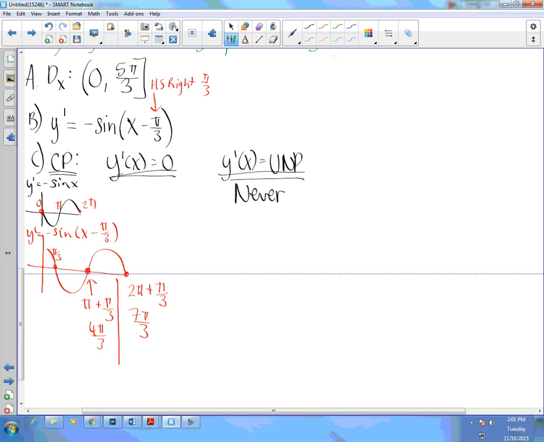And then we're looking at the interval from there to there. But are we looking all the way to 7 pi thirds? No, somewhere in here it's 5 pi thirds. Here's 4 pi thirds, 7 pi thirds, 5 pi thirds, and somewhere like right there. So how many critical points do we have? 2. Pi thirds and 4 pi thirds.